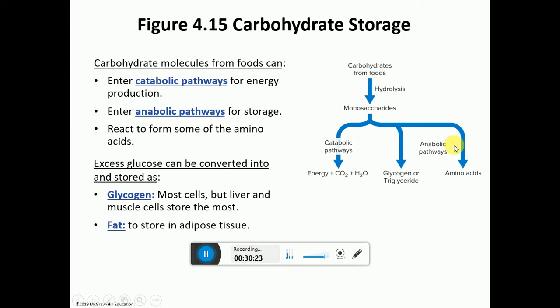So these are your three ways for the monosaccharides to go through. One of them is catabolic for energy. Two would be anabolic: either we're storing it as glycogen or triglycerides, which is fat, or we are using it to build up amino acids and protein.